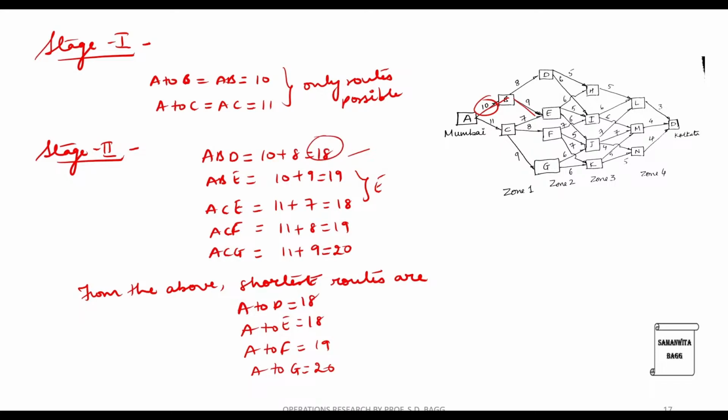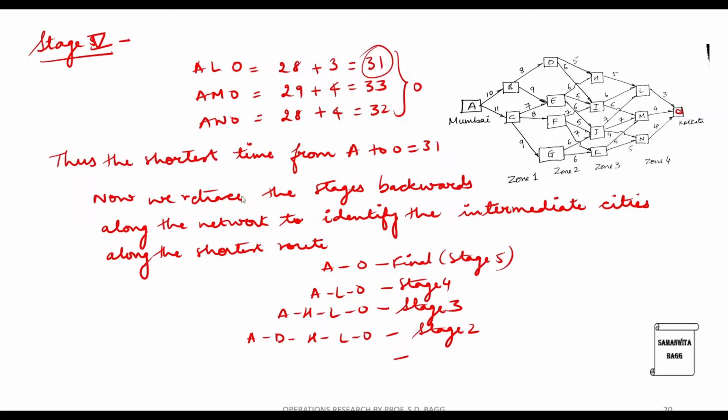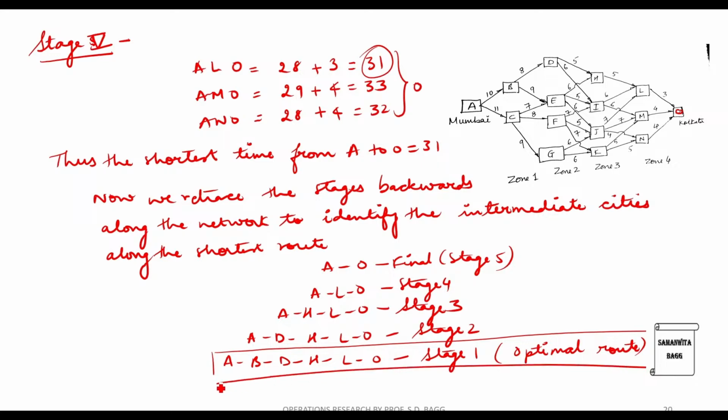It was only 8, which was through B. So I'll write down, this is A, B, D, H, L, O. This is the optimal route. And this is the solution.